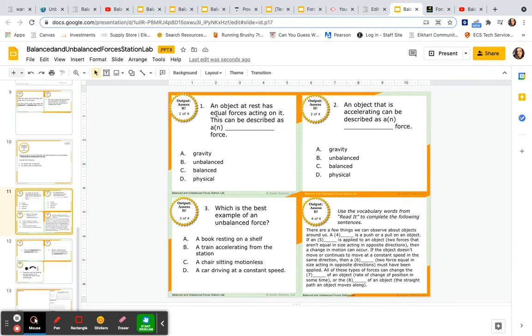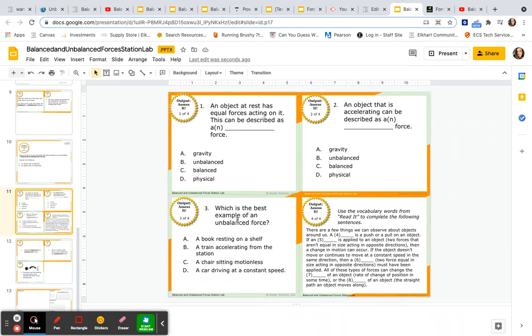Then you're going to answer these questions here. An object at rest has equal forces acting on it. This can be described as a blank force: gravity force, unbalanced force, balanced force, or physical force. An object that is accelerating can be described as a blank force: a gravity force, unbalanced force, balanced force, or a physical force.